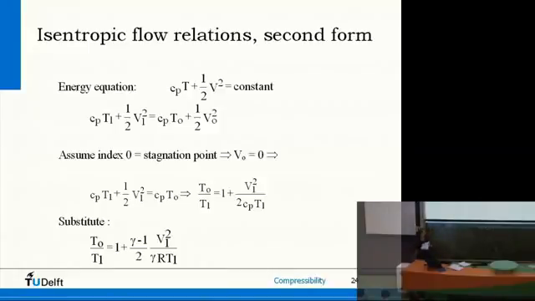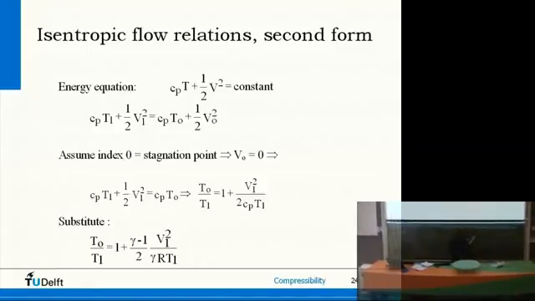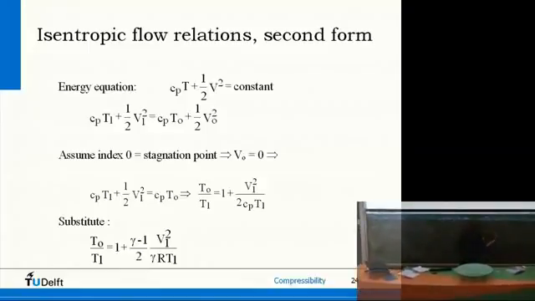Enthalpy is internal energy per unit mass plus pressure times specific volume. H was CPT. E was CVT. P times specific volume, pressure over density, that's from the equation of state, RT. Temperature drops out. So R is CP minus CV.